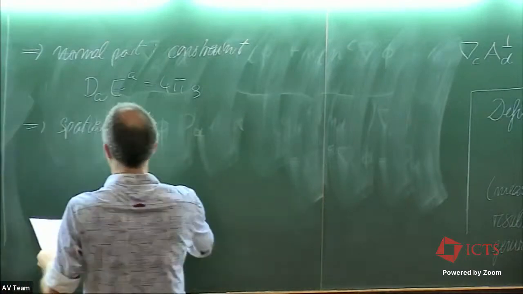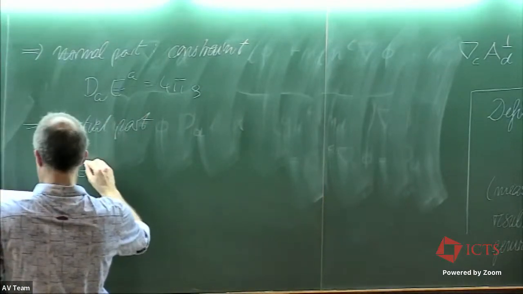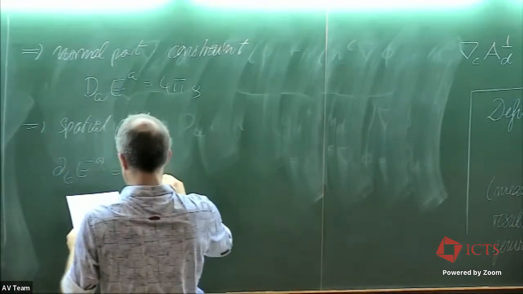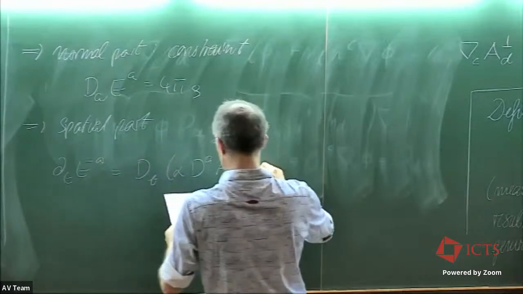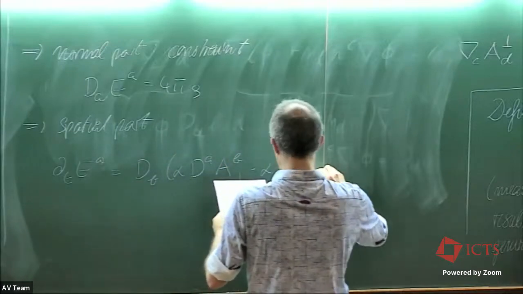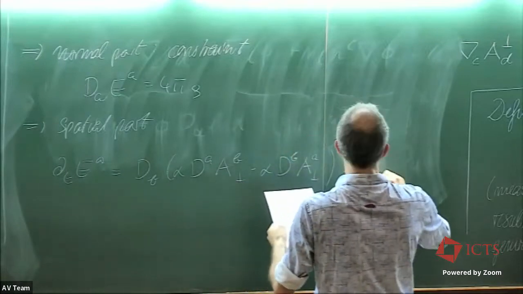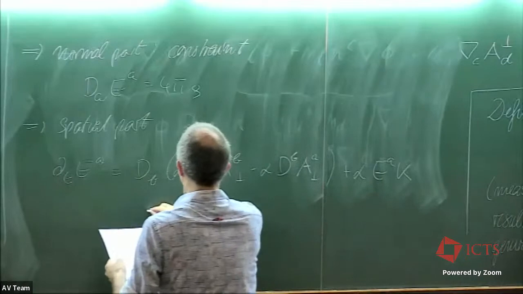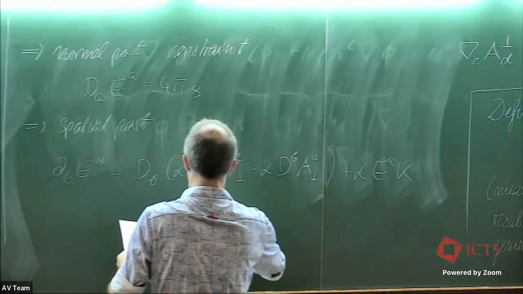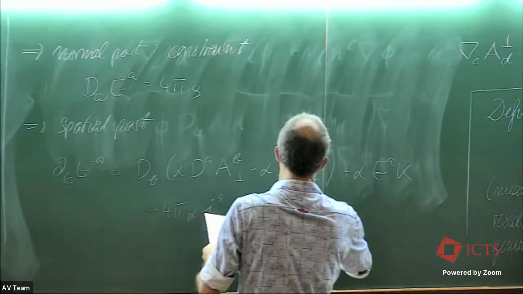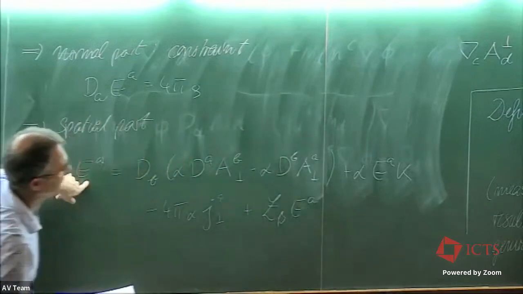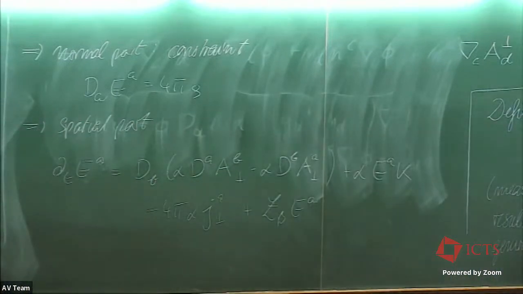And what you get then is the following: partial_t E_A equals D_B of alpha D_A A_B perpendicular minus alpha D_B A_perpendicular A plus alpha times E_A K minus 4 pi alpha J_perpendicular A plus the Lie derivative along beta of E_A. And this is the generalization of the evolution equation that we computed yesterday.